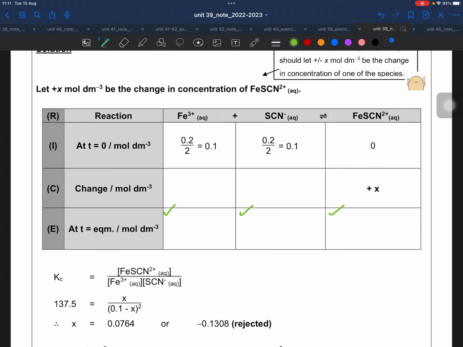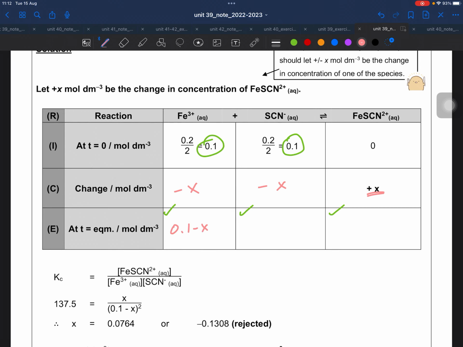Starting with the molarity, the molarity is done. But because we have no idea of the change, we introduce, finally, the product should be positive x and the reactant should be minus x, according to the mole ratio.